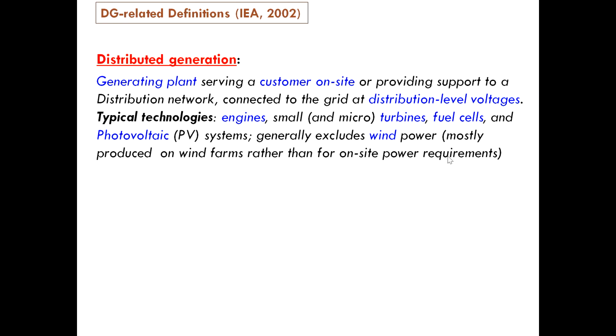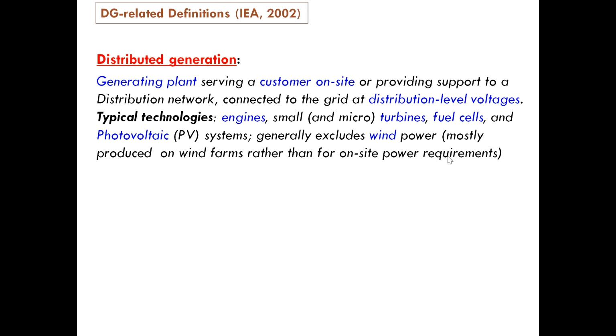So when we look at distributed generation, according to this publication, the International Energy Agency considers distributed generation to be generating plant that is normally connected to distribution level and is mainly for the purpose of serving customer needs.